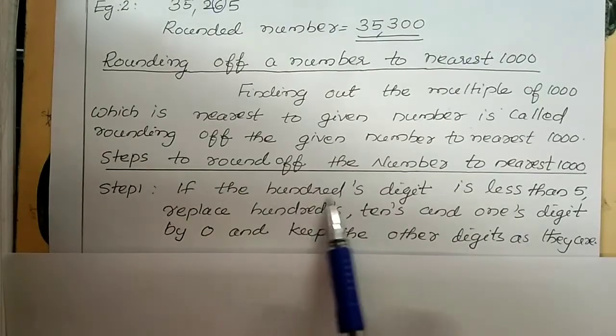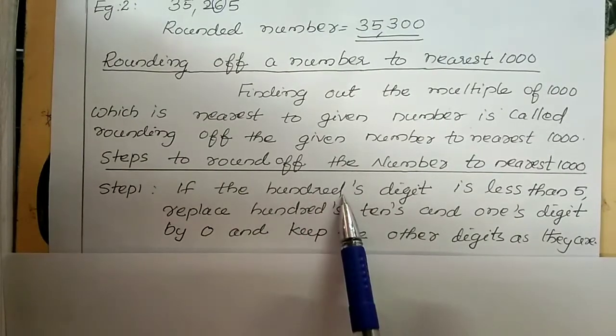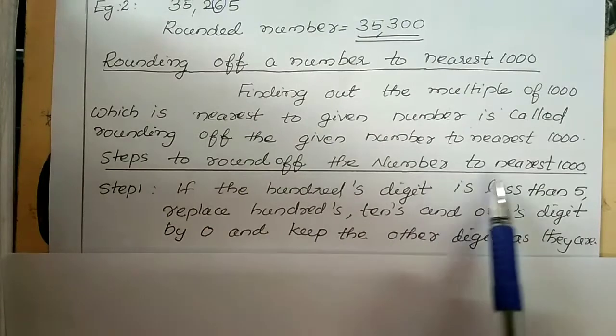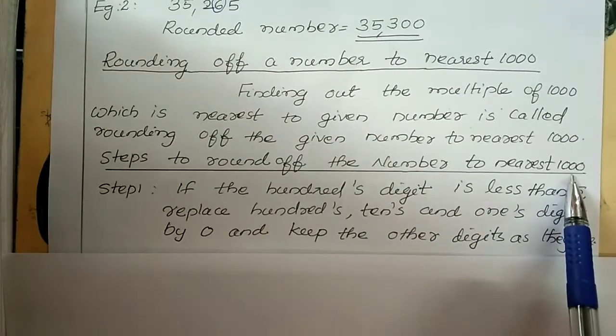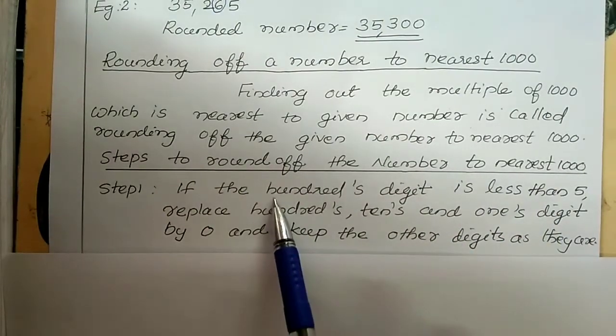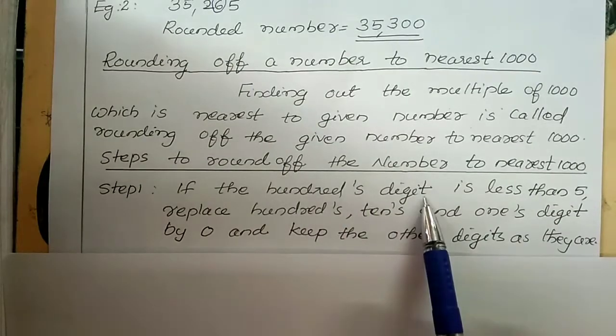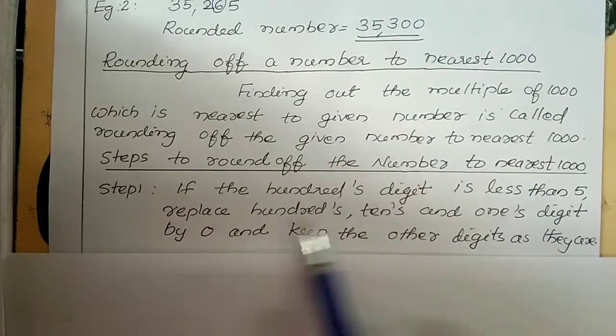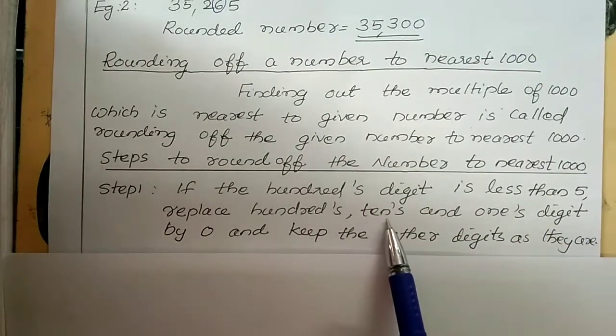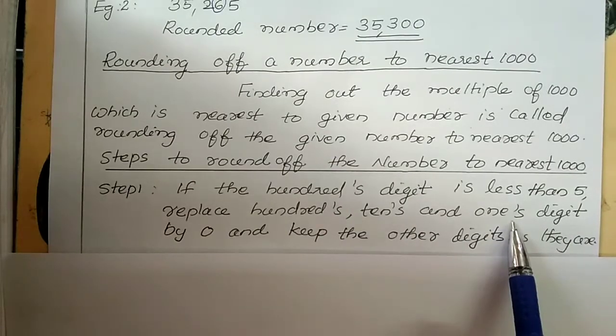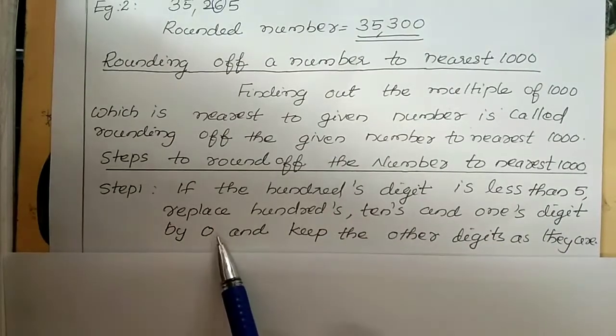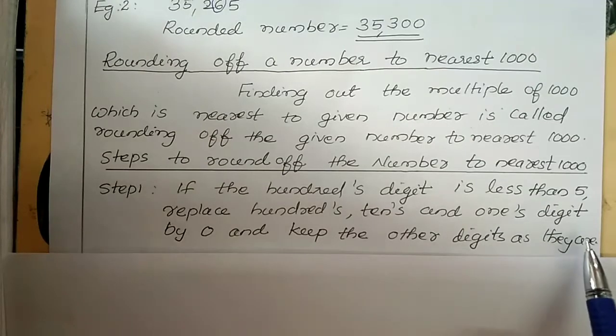Here you check which place? Hundreds digit. If your question is to round off to nearest 1000, in that case you check the hundreds digit. If it is less than 5, replace the hundreds, tens and ones digits by 0 and keep the other digits as they are.